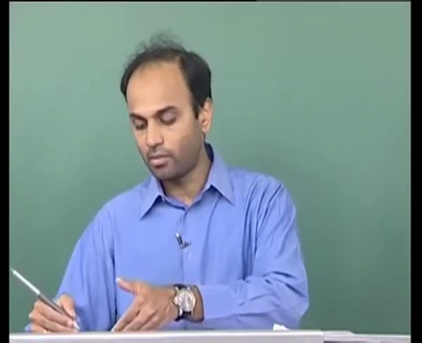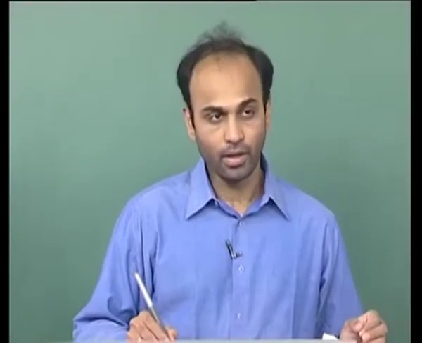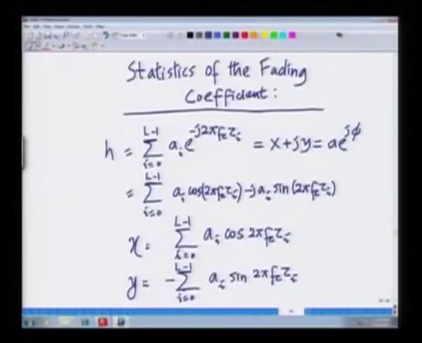X, which is the real part, is simply the summation of a_i cosine 2 pi f_c tau_i, and y is the summation of minus b_i sine 2 pi f_c tau_i. So, I can express the real part x as sigma i equals 0 to L minus 1 of a_i cosine 2 pi f_c tau_i, and the imaginary part y of the complex fading coefficient as minus sigma i equals 0 to L minus 1 of a_i sine 2 pi f_c tau_i.